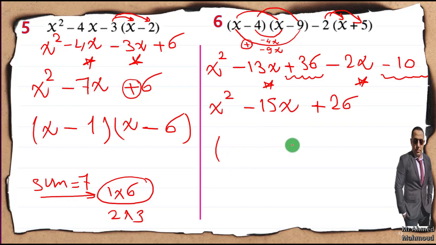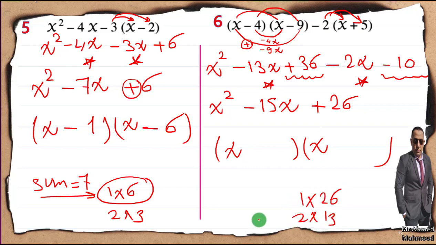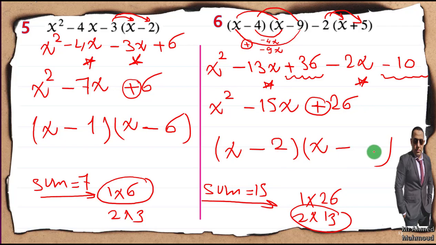Then I don't have a common factor in this expression, and it is in order, so I'm going to factorize. x, x. 26 equals 1 times 26, 2 times 13. This is a positive sign, so I'm going to repeat the middle sign, minus minus. I need two numbers whose sum equals 15, so I'm going to choose 2 and 13, like this.